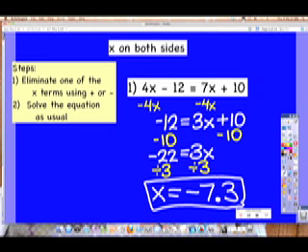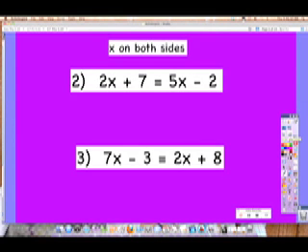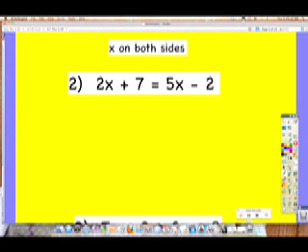Okay, let's watch. Let's compare. Okay, so first I just subtracted 2x from each side. And so now we have a positive 7 equals 3x minus 2.